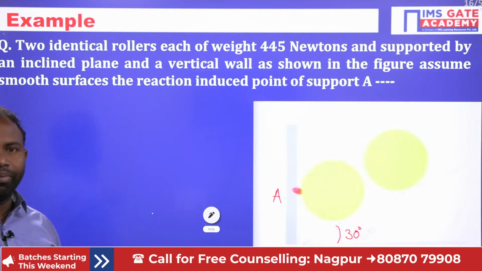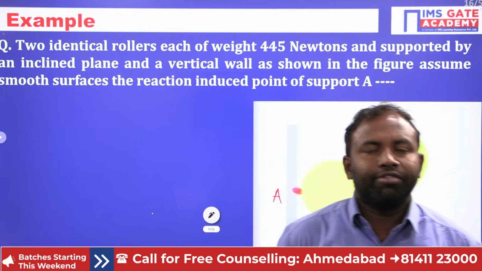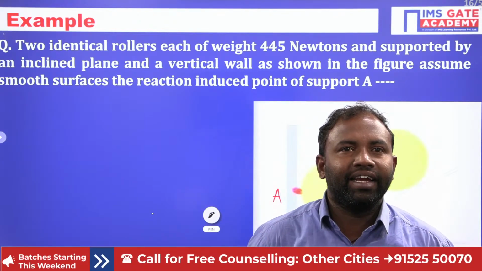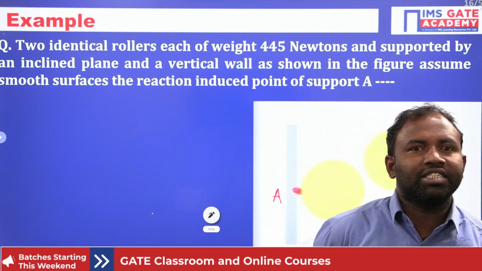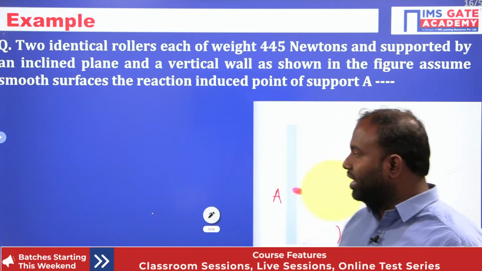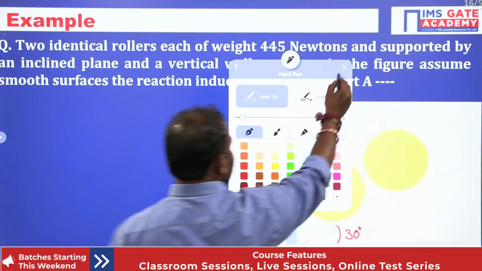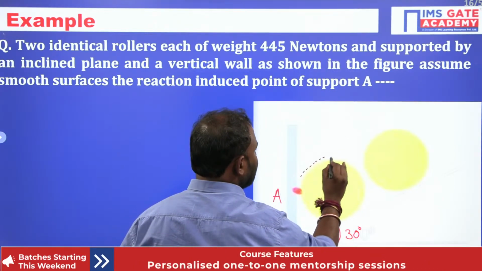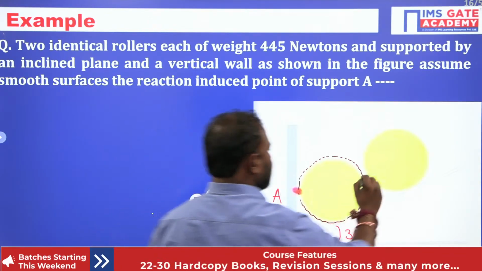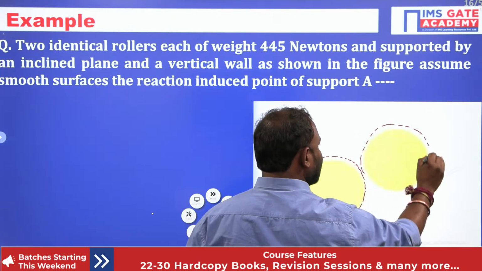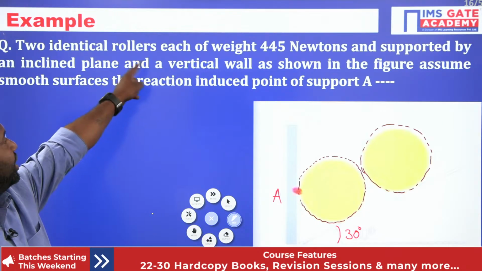Right. Now let me read the question. Two identical rollers of weight 445 newtons are supported by an inclined plane and a vertical wall as shown in the figure. Assume smooth surfaces, and find the reaction induced at point A. Here, two rollers are given, each of weight 445 newtons.